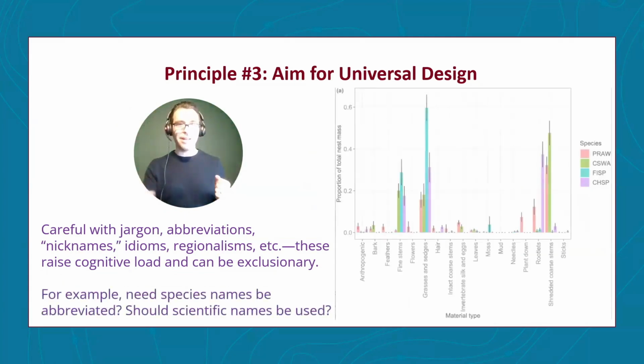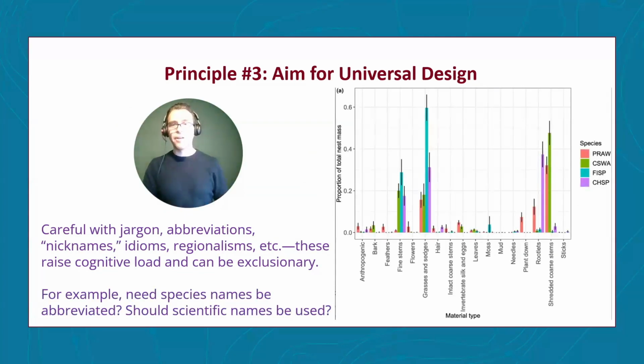For example, this graph uses abbreviations for bird species. But does it need to? Could it have just used the full names of the species in question, right? Then I don't need to remember what this crazy acronym means. It's also acronyms of the common names of these species, which are going to be less meaningful for an international audience and probably should be replaced by the scientific names instead, right?